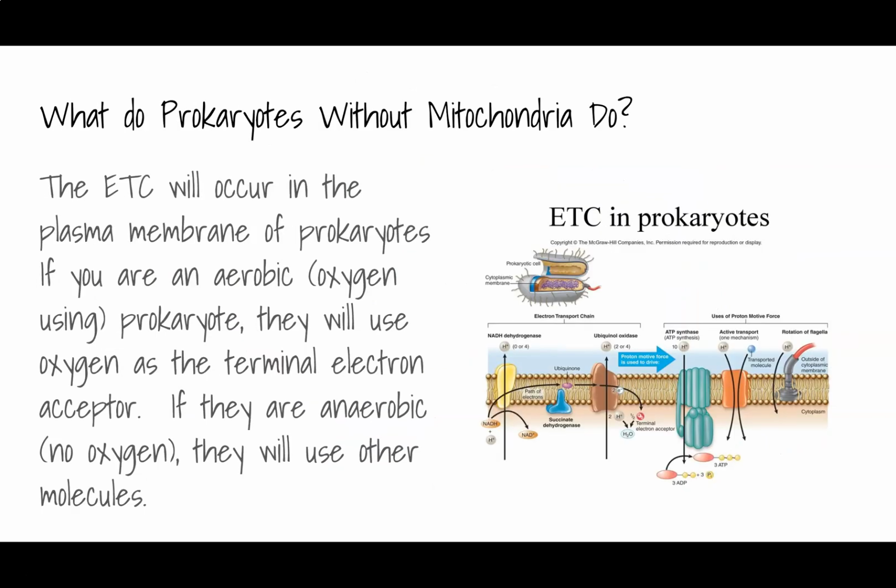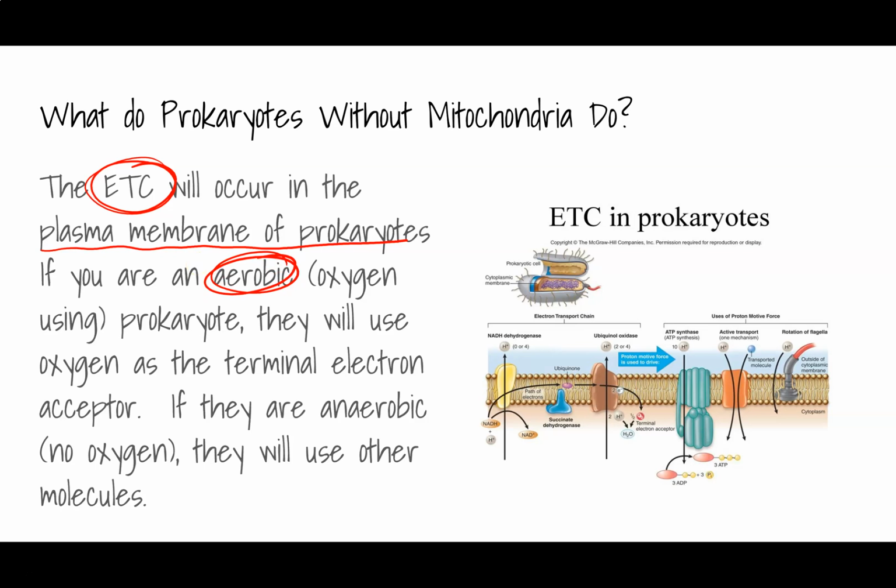Okay? Now, what if you're a prokaryote? Well, you don't have any mitochondria. So they actually, believe it or not, have a small electron transport chain within their plasma membrane. Now, if you are aerobic bacteria, which some of them are, you can use that oxygen to help you.